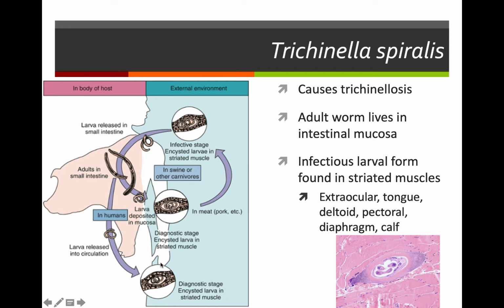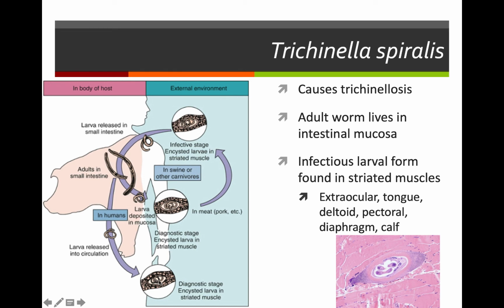Now, in humans, we tend to not be eaten, so we are kind of a dead-end host. But the same thing can happen if we ingest contaminated meat and the larval form is released into our small intestines where they can mature into adults who will release more larvae. Those can encyst in our muscles.